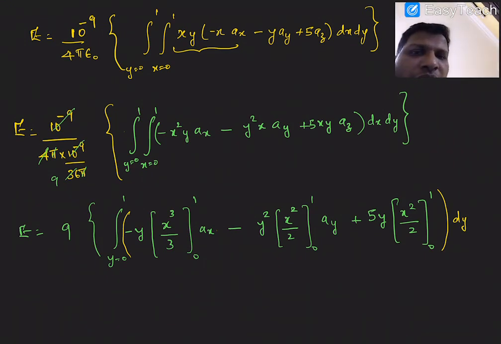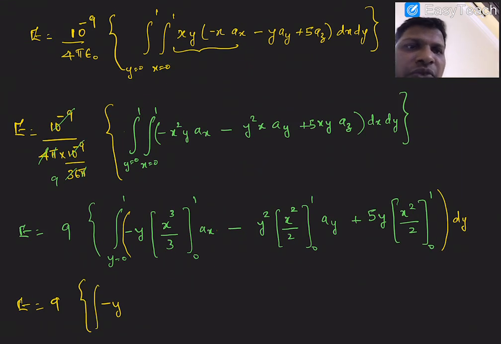So if you substitute this, you will get the electric field as 9 into minus y. And the integral, you see, y changes from 0 to 1.